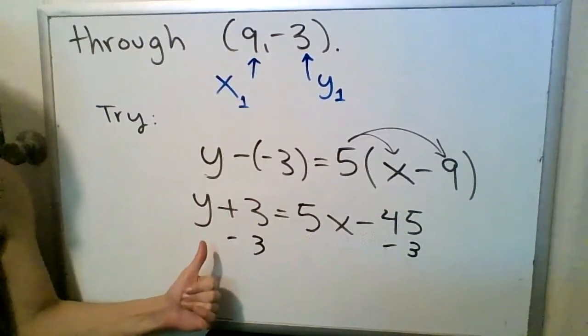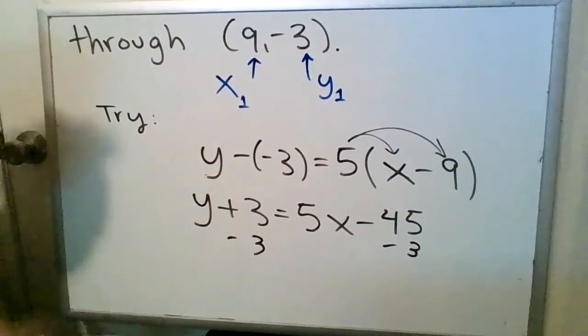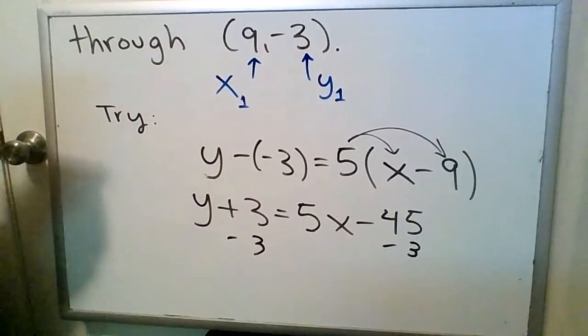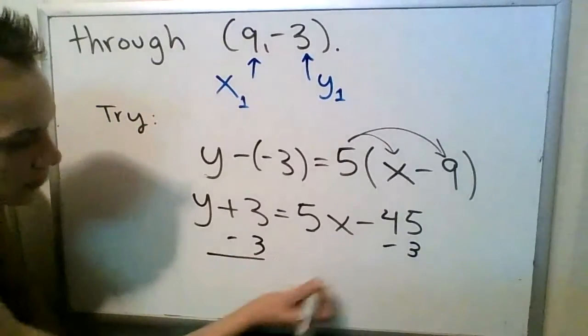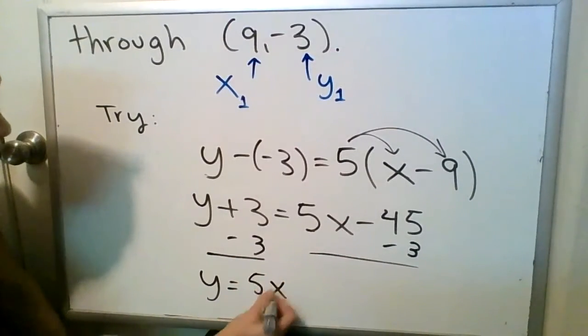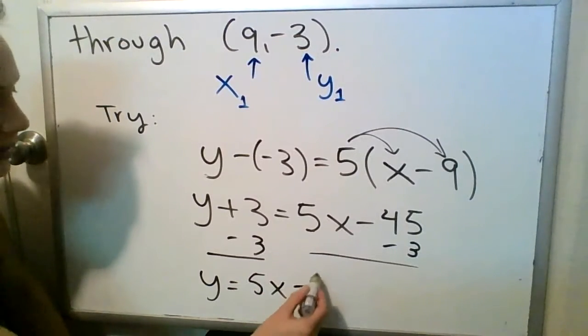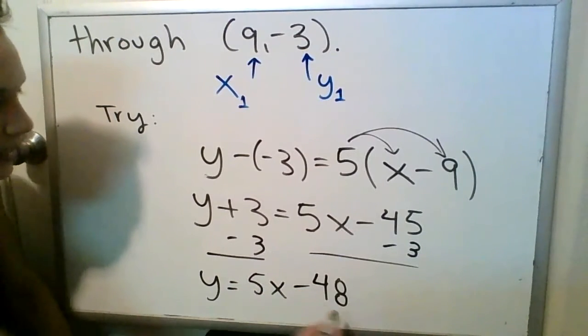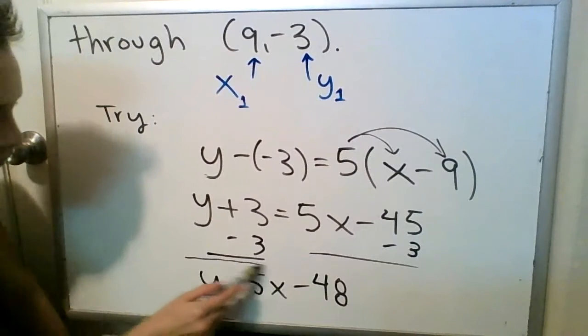Let's keep doing this. I just realized I made up a problem that's not in my notes, but we've been doing the right thing so far. So y equals 5x minus 48. That's our line. Right there.